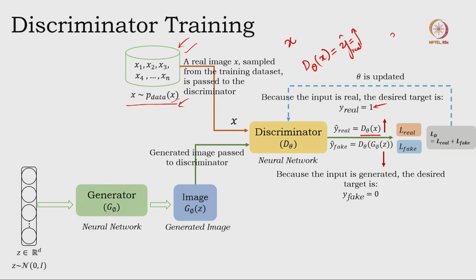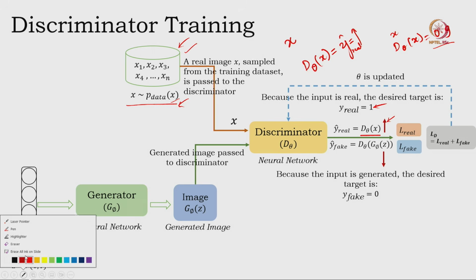Suppose I have taken one real image x and that real image x is passed to a discriminator, and the discriminator is giving the probability 0.9, which means the discriminator assigns 90% probability that the image is real. So it is a good prediction, right? Okay, let us assume we have reached up till this point. Now, are these steps clear?